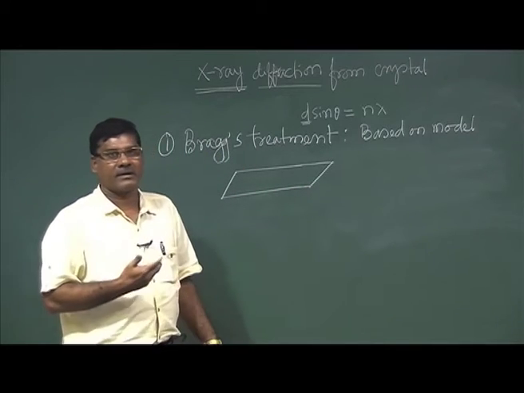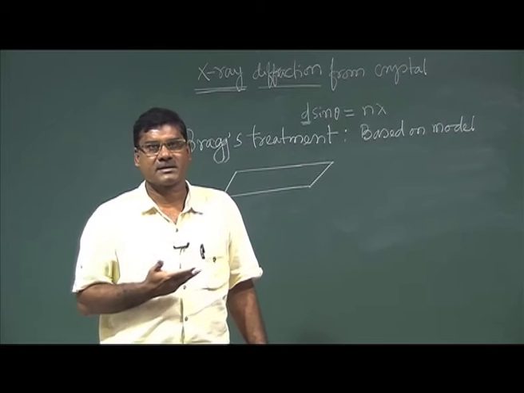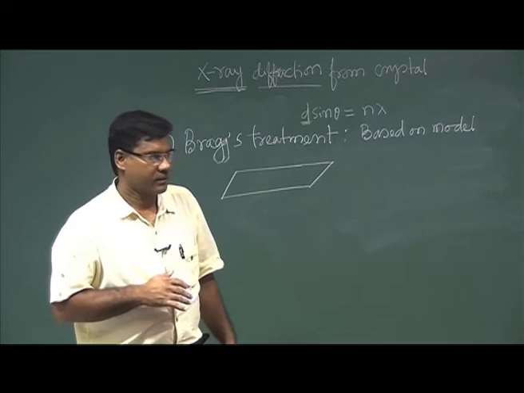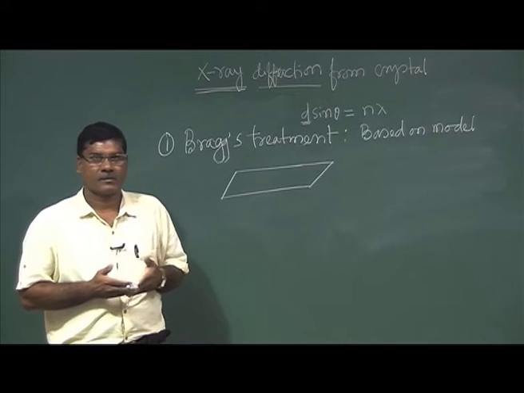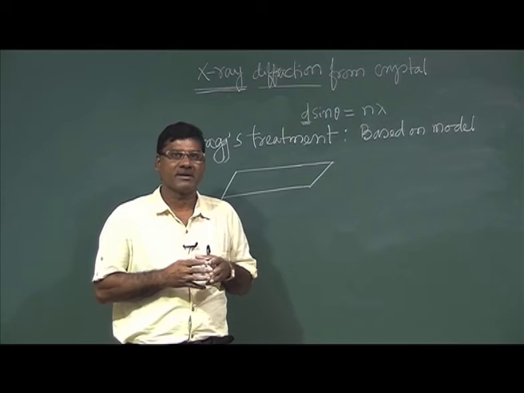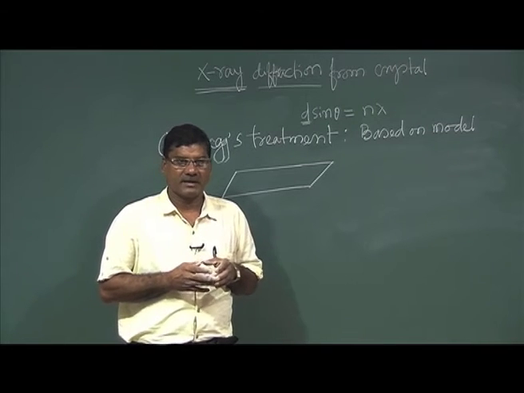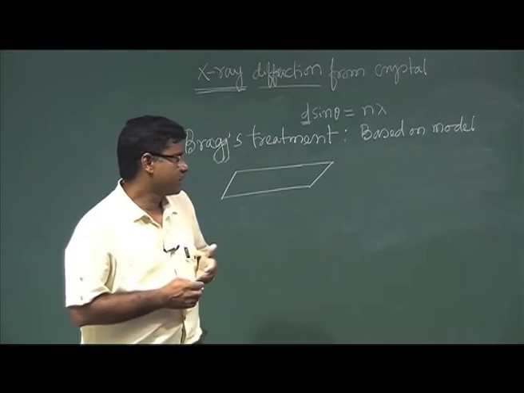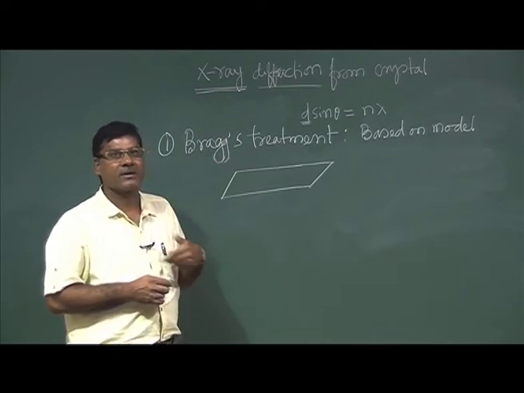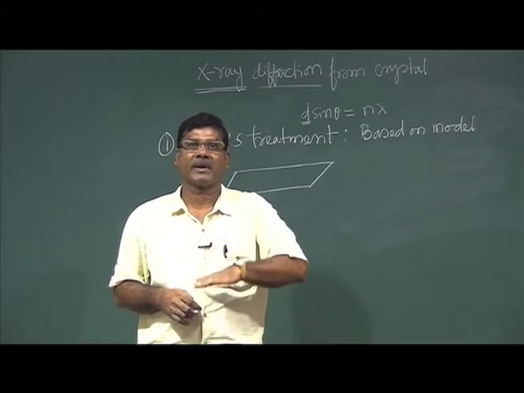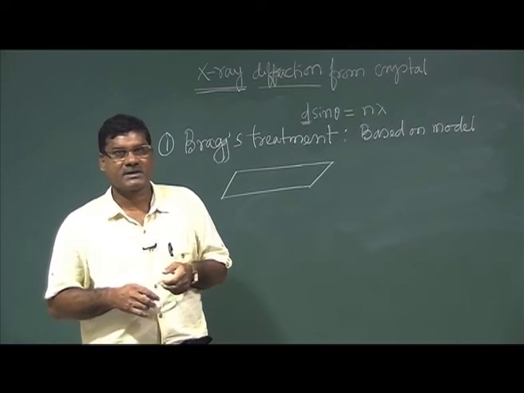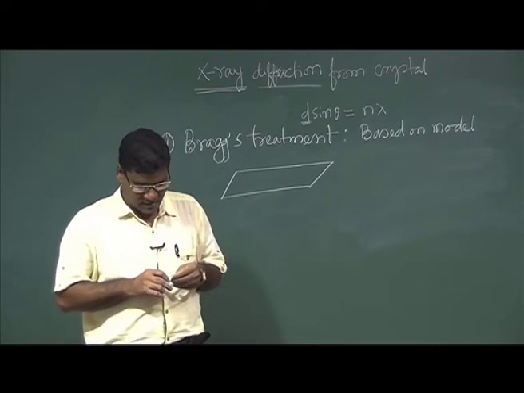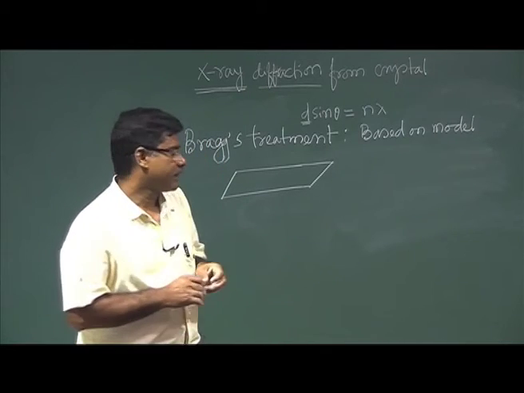A crystal has a set of planes, and they have many orientations. But as I mentioned, a crystal plane described by HKL is not a single plane; it is a set of parallel planes having equidistant spacing. That is basically the lattice spacing D.